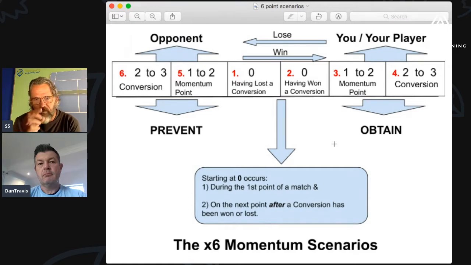You get away from, like I said, the emotion, and you start to get into probability. You start to understand it's much more difficult to win 3 points in a row than it is 2 points in a row. It's easier to stop a conversion 3 points in a row.